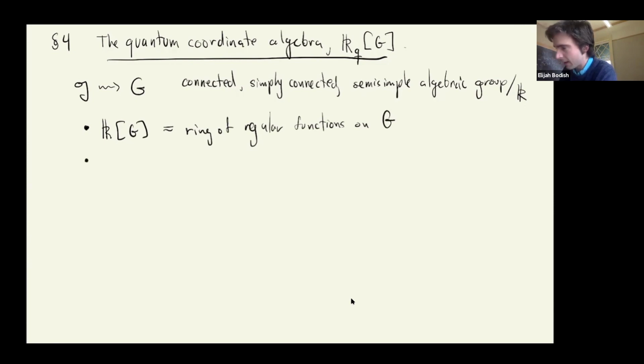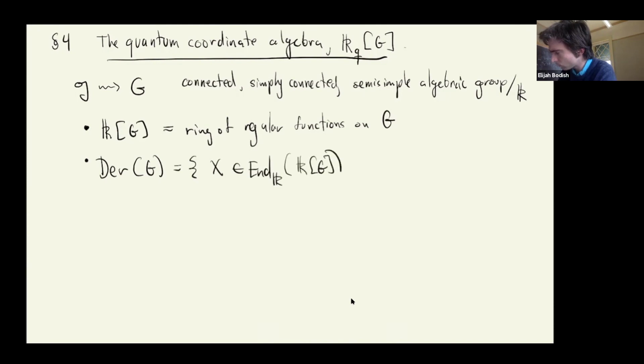And I have a few things related to this coordinate algebra. So I have derivations on G. These are the endomorphisms of the coordinate algebra which act as derivations.